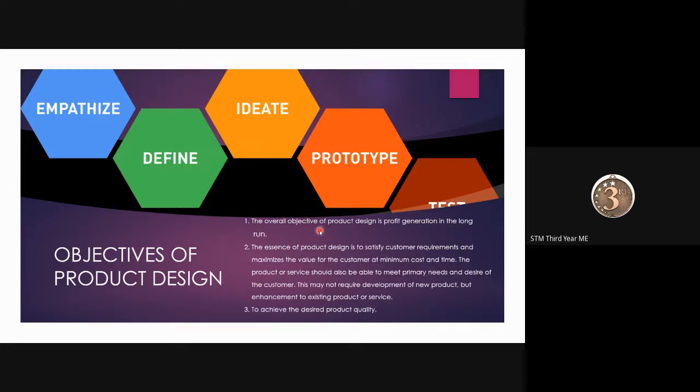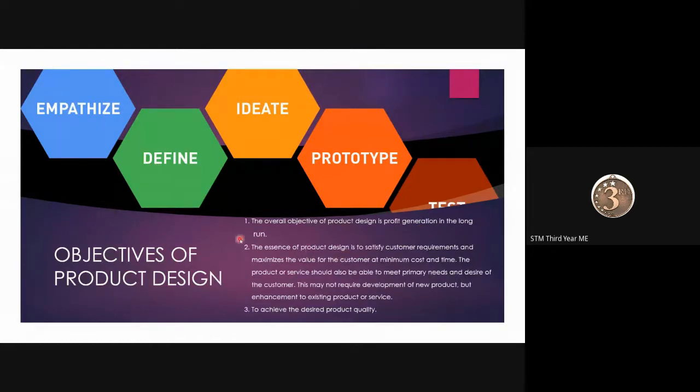Only if that is done can we earn more profit. We can only generate more profit if the product stays in the market, right? That is the main aim of product design. So profit generation is the first point.